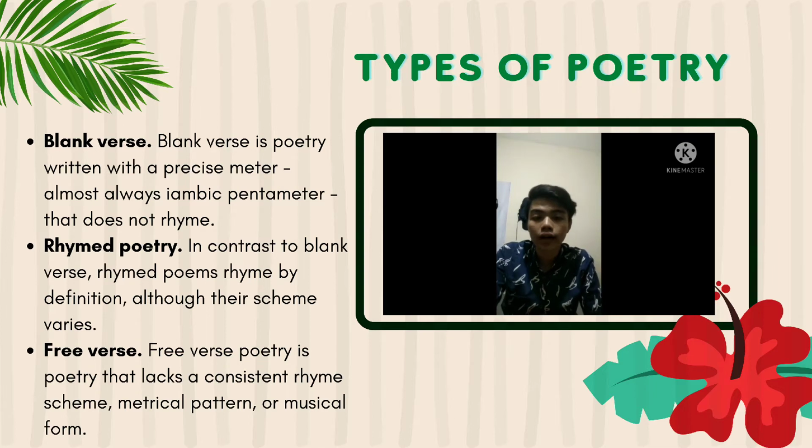Then the second one is rhyme. In contrast to blank verse, rhyme poems rhyme by definition, although the scheme varies. Rhyme refers to the repetition of sound in a poem. Various types of rhyme are possible.